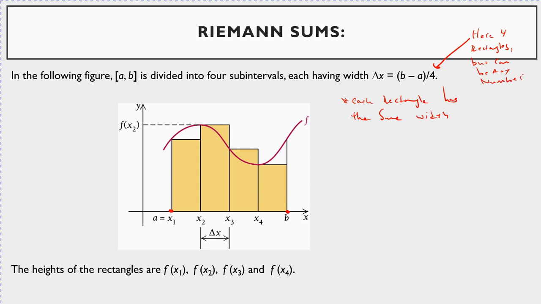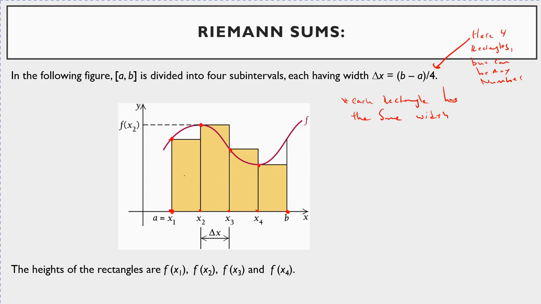And hopefully what you're going to see is that the more rectangles you have, the more accurate your sum will be at approximating the area. These widths are all the same, and the heights of the rectangles will be determined by the function value for each of these x values.